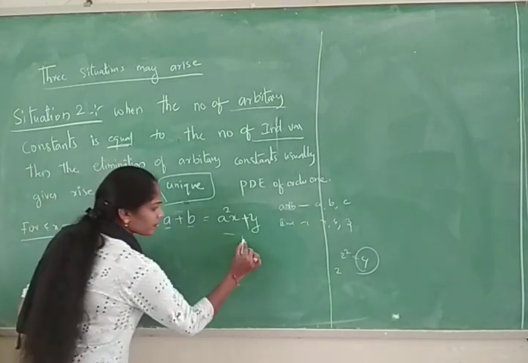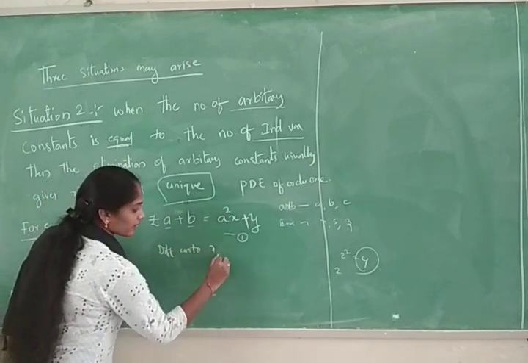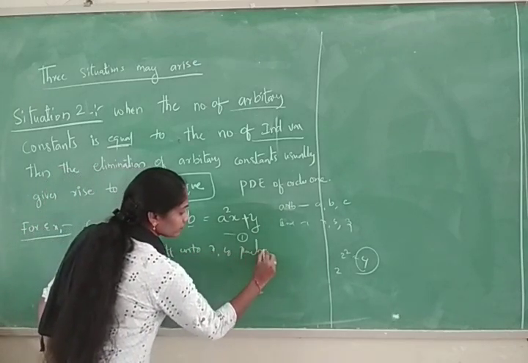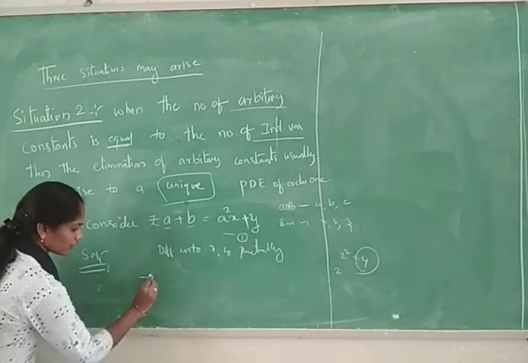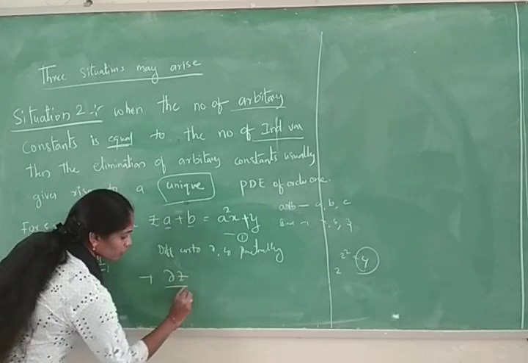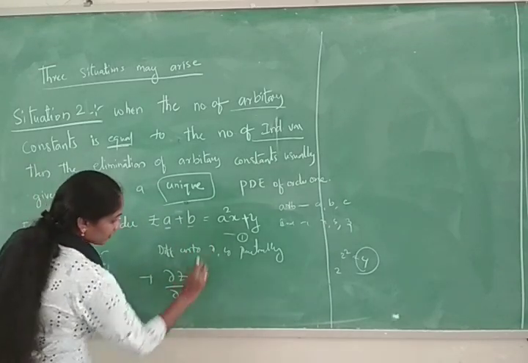Same thing, let it be equation 1. Differentiate with respect to x and y partially. So now simply with respect to x, dou z by dou x. A is a constant here.